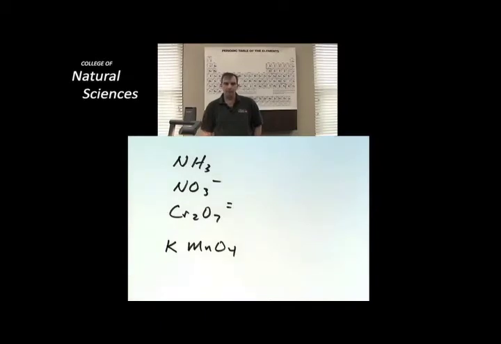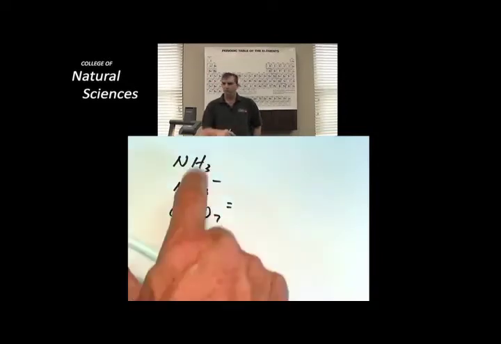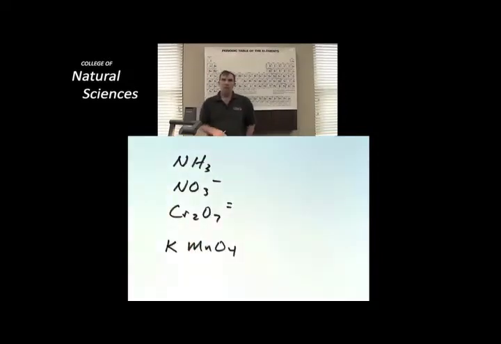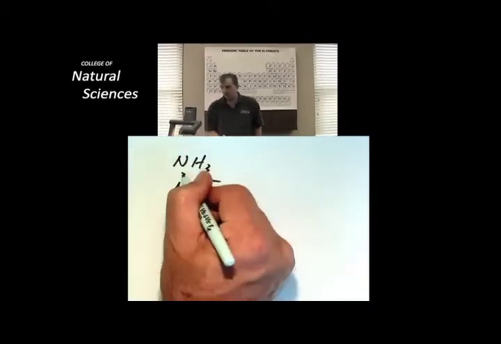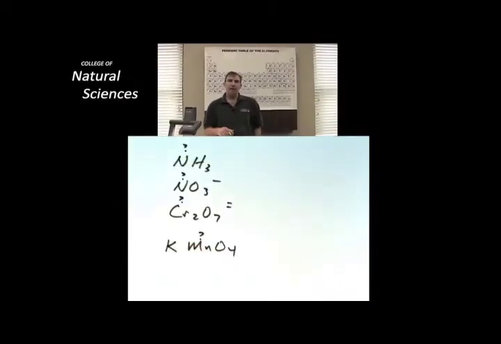I would imagine that I'm going to know what K is and O is and H is, that I've got those numbers assigned based upon rules that I established earlier. The things I'm not going to know about are these more exotic species, the nitrogen, the chromium, and the manganese. In fact, it turns out those can be quite variable in terms of their oxidation number.